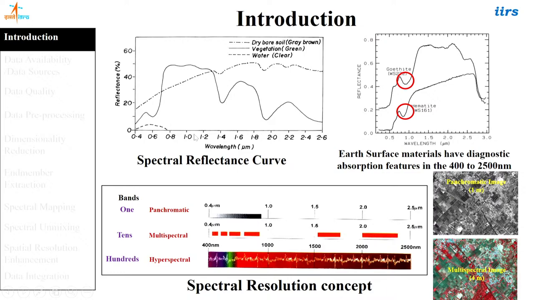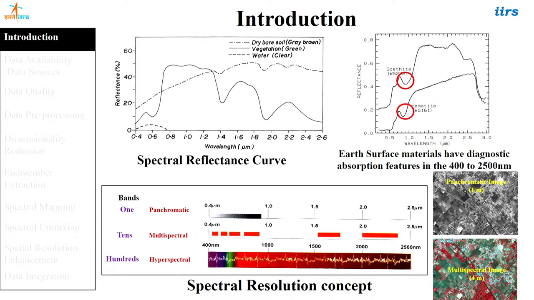So we can identify this is water by knowing that infrared has absorption. We can know this is vegetation by knowing infrared has high reflectance, red has absorption, and these two absorptions you have to understand. On the basis of that, these land cover features can be identified. But we can only visualize three bands at a time in a data.